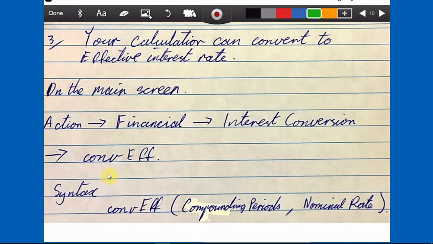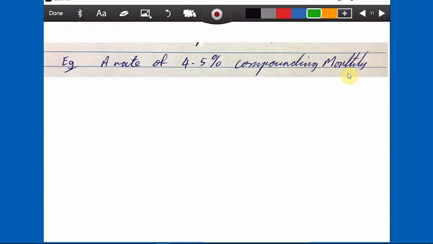You open a bracket, and then you put some information in this order: compounding periods first, then the nominal interest rate. So let's have a look at a question where I might do that, and then I'll walk you through on the calculator. A rate of 4.5% compounding monthly.